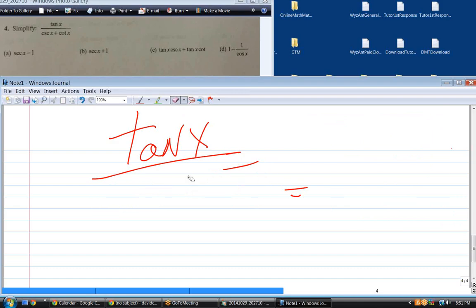The bottom. What was the bottom? The bottom again was 1 plus cosine over sine, right? That's what cosecant plus cotangent is? Yeah, okay. I don't know how I got sine cubed before.